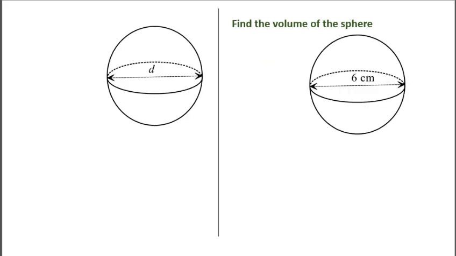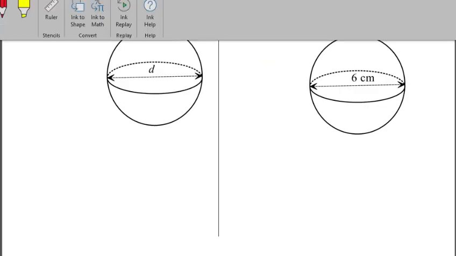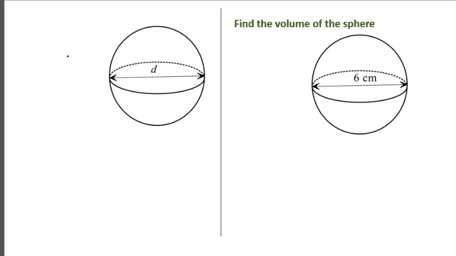Okay? Now, what if I give you the diameter? What is the diameter? Like we have learned in the lesson of the cylinder, the diameter is the distance from the beginning of the circle till the end of the circle and passes through the center of the circle. In this case, it is the distance between 2 points on the circle passing through the center.